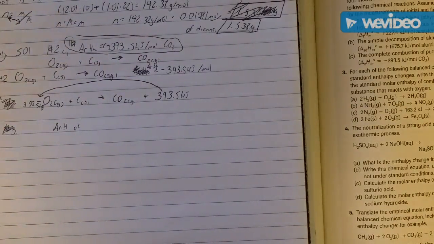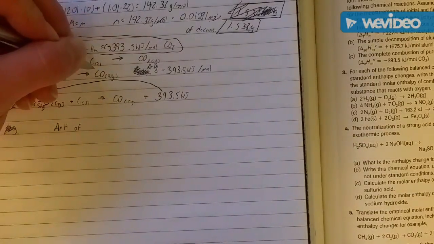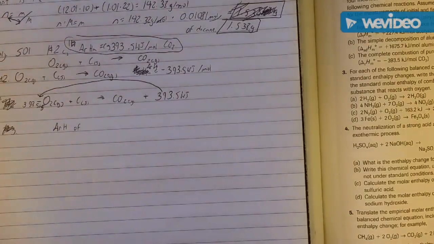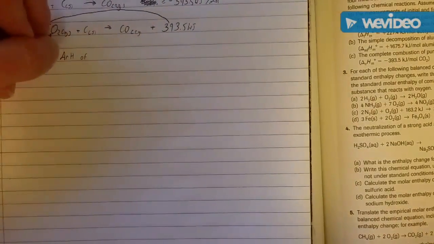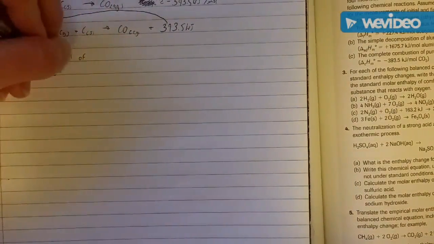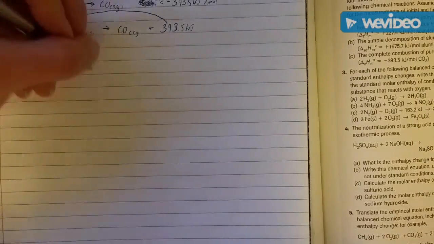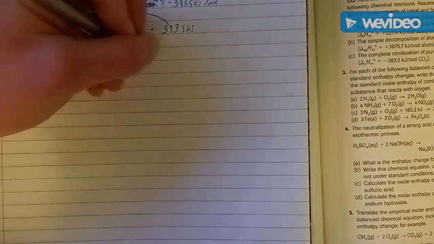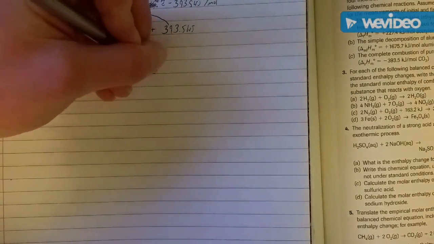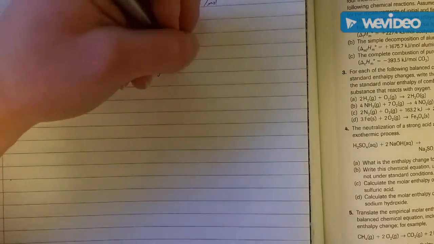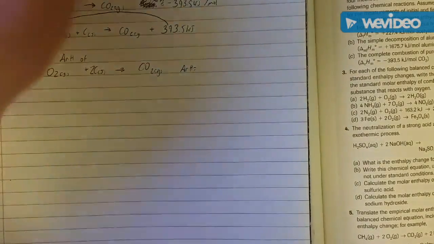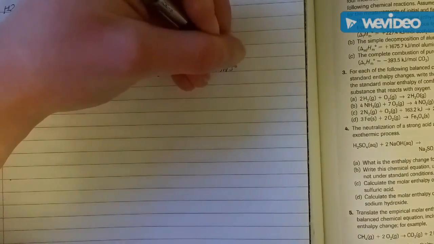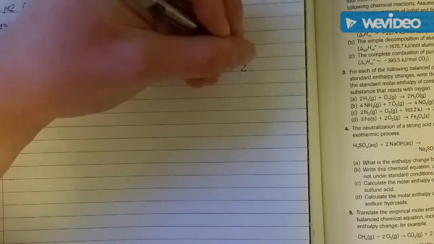However, if we were to have it as a 2, as we'll see later, say I were to write O2 gas plus C solid as 2, 2, and double everything, I would have to say our ΔrH of this reaction is negative 393.5 kilojoules times 2.